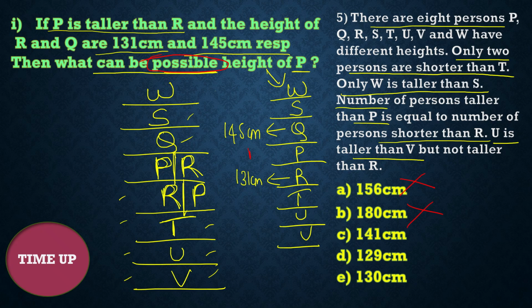No. 141? Yes. 129 cannot come. 130 also cannot come because they are less height than 131 centimeter. We want something which is in between 145 and 131 centimeter height. That is option C. 141 centimeter is the correct option.